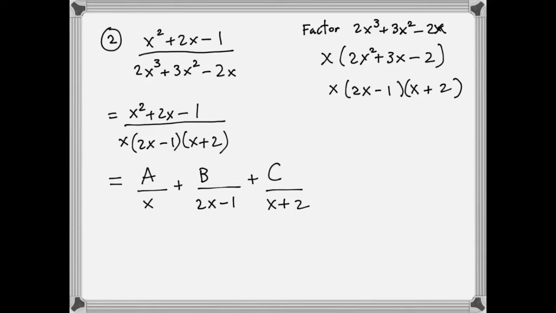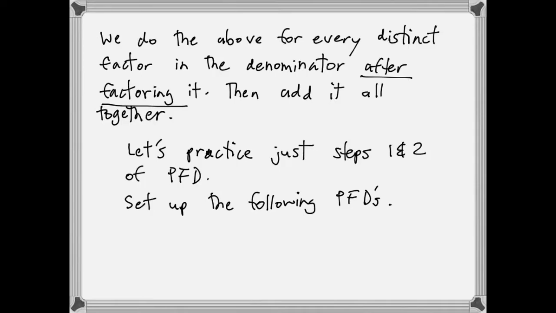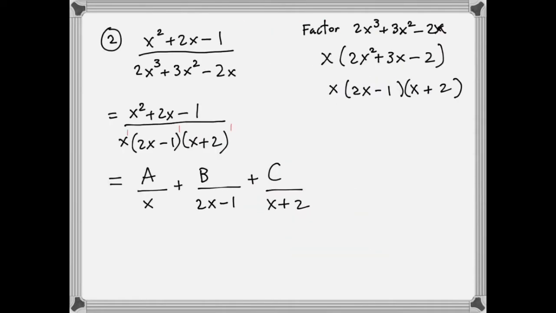Now, why do I only have one for each? It's because each of these was to the first power, so I only needed one of them. And remember what I said in my setup: we're going to add the results together. So that's our setup.